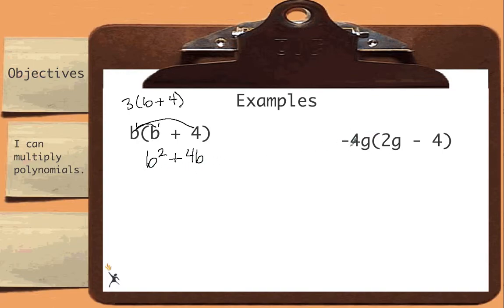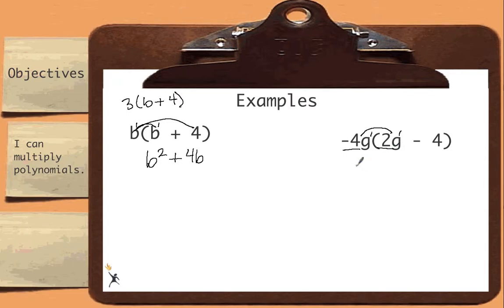Let's take a look at when there's a coefficient and a variable. Just like you learned in the previous example, each of the g's has an exponent of 1. And when you were learning how to multiply monomials times monomials, you multiplied the two coefficients and then added the exponents of your variables.